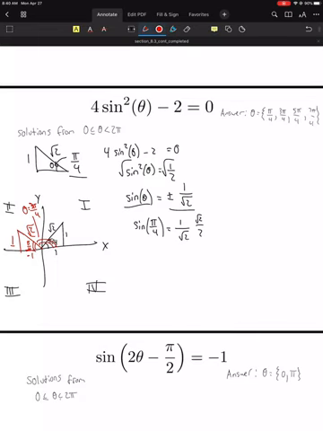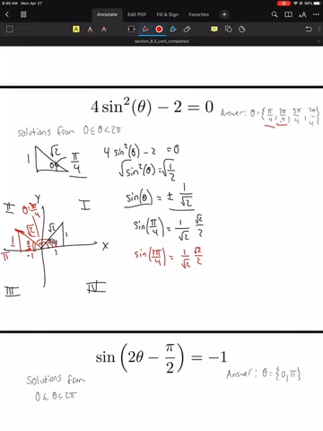I know that 180 is pi, so from this angle down to theta, it's pi over 4. That means the other one must be 3 pi over 4. If you check, you'll see that sine of 3 pi over 4 is equal to 1 over the square root of 2, or square root of 2 over 2.